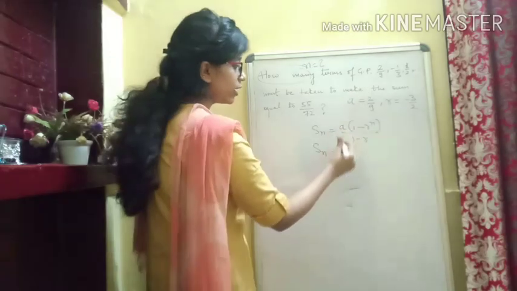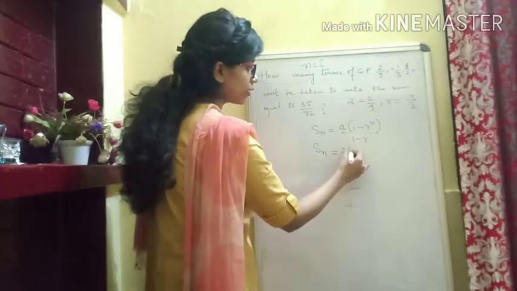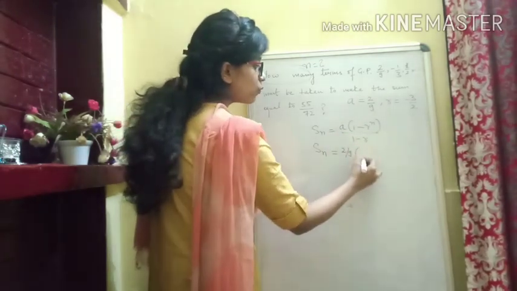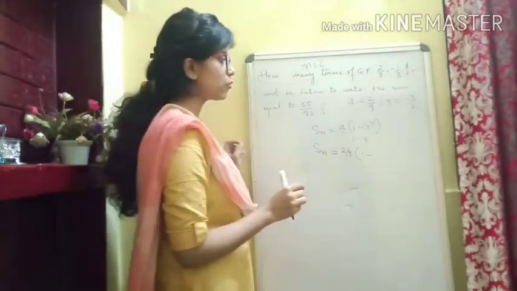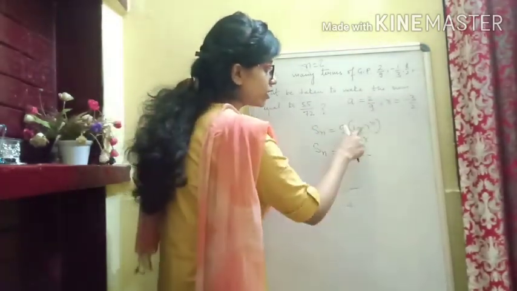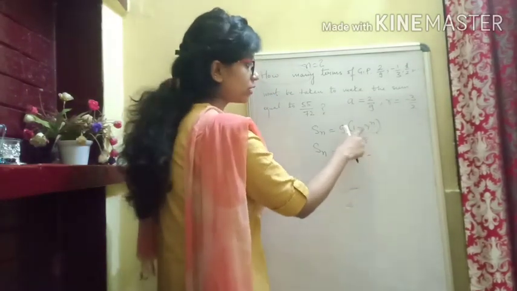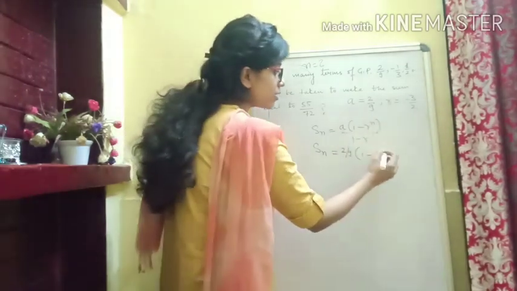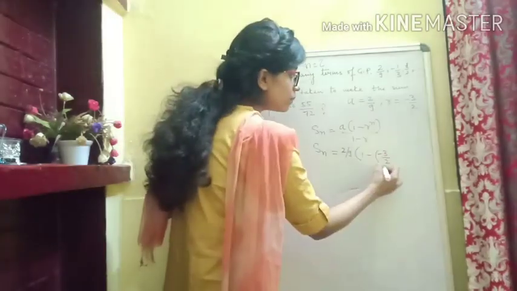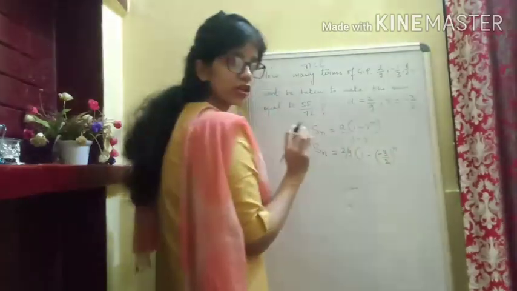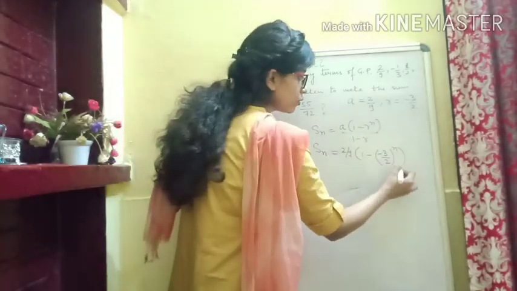A, what is your a? 2 upon 9. Is it okay? And 1 minus r. What is r coming? Minus 3 upon 2. So now be very careful. This minus I have applied, it is in the formula, and r is minus 3 upon 2. This is your r to the power n. n we don't know yet, we have to calculate it.